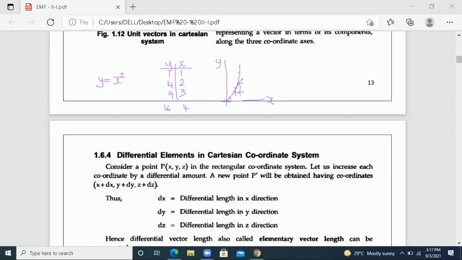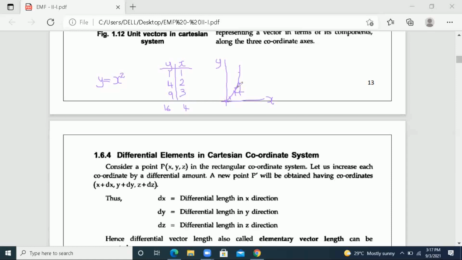And to go from here to here, you make a small change in x, right? Yes, sir. Make sure everybody gets that.